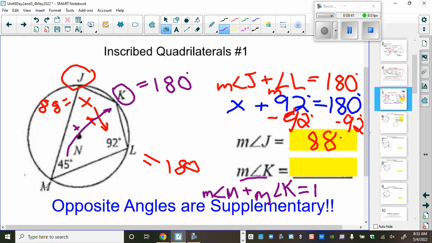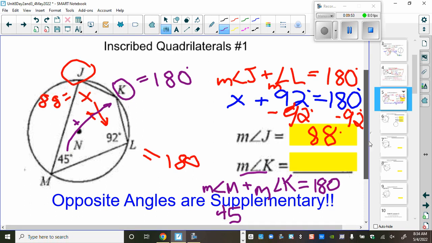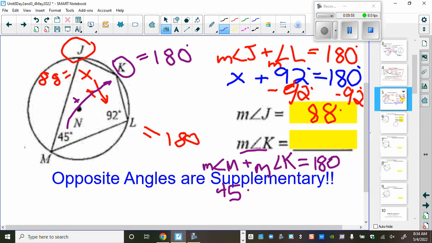So 2 add up to 180. Measure of angle M is 45. Hold on. So it's 45 plus something. Now, pick another letter besides X so we don't get confused.